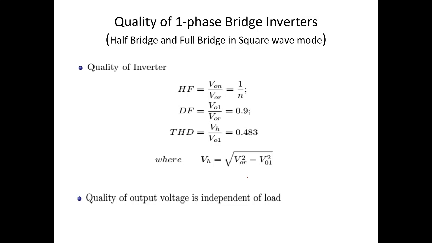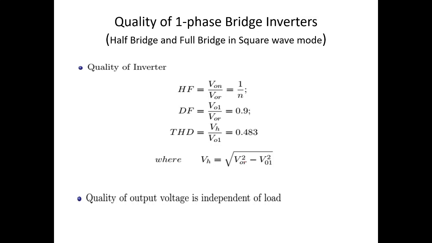The third one, THD, total harmonic distortion, is equal to the harmonic voltage by the fundamental voltage, RMS values of course. If you find them, we know the nth order harmonic RMS value, fundamental RMS value and overall RMS value.